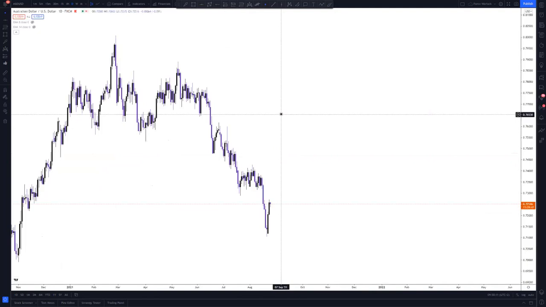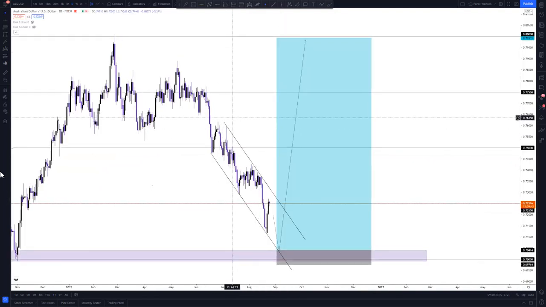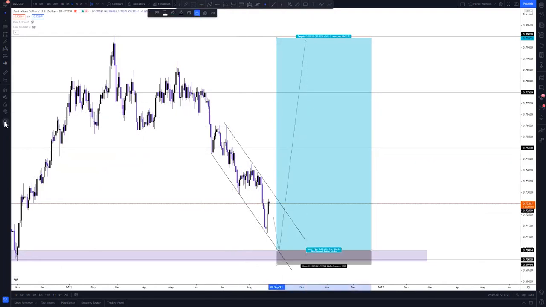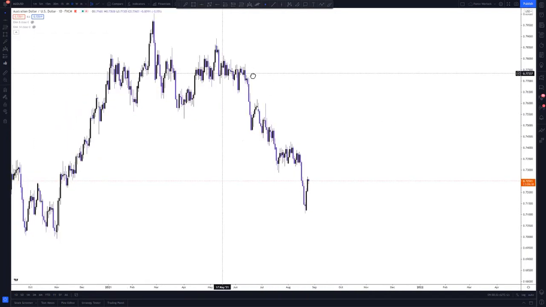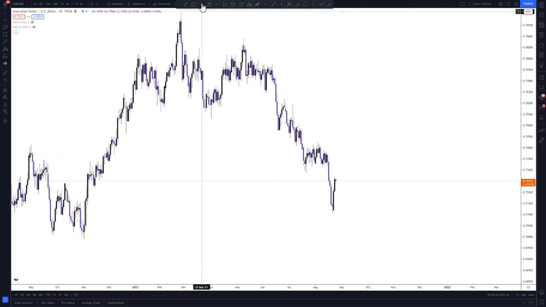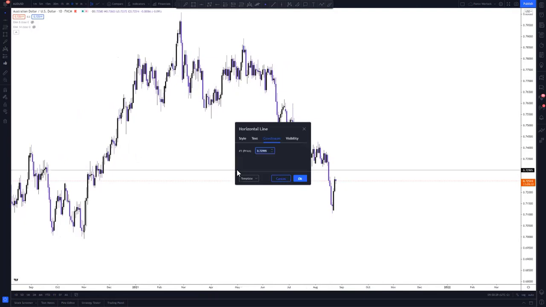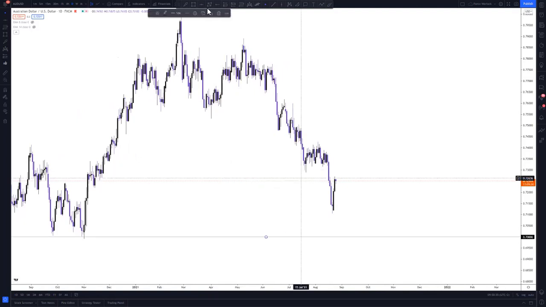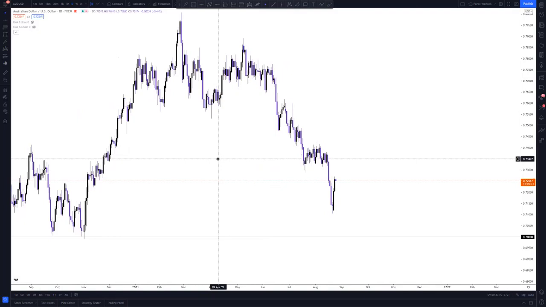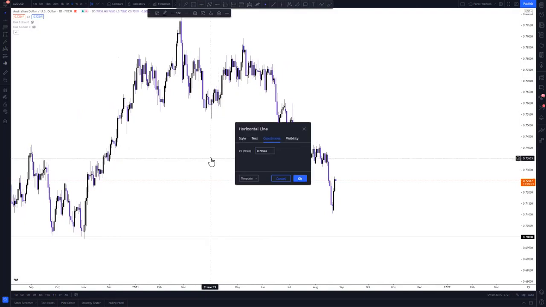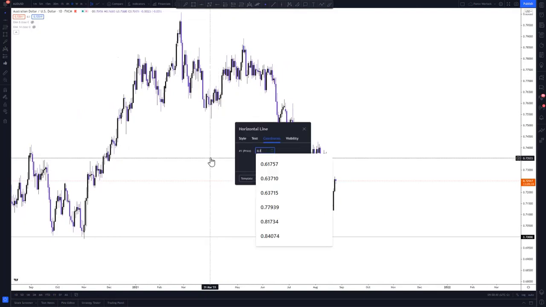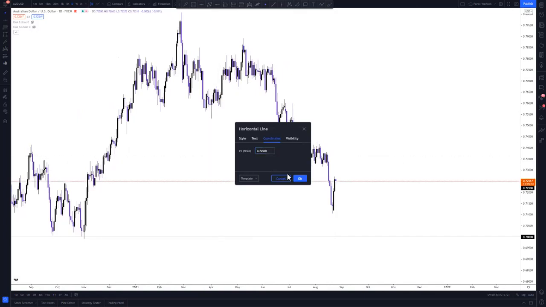Sorry, let me just make it easy for you to see. So looking at AUD USD, I'm going to start with my key levels. When I start with my key levels, it's 0.70, and then coming back, it's 0.725, something like that.